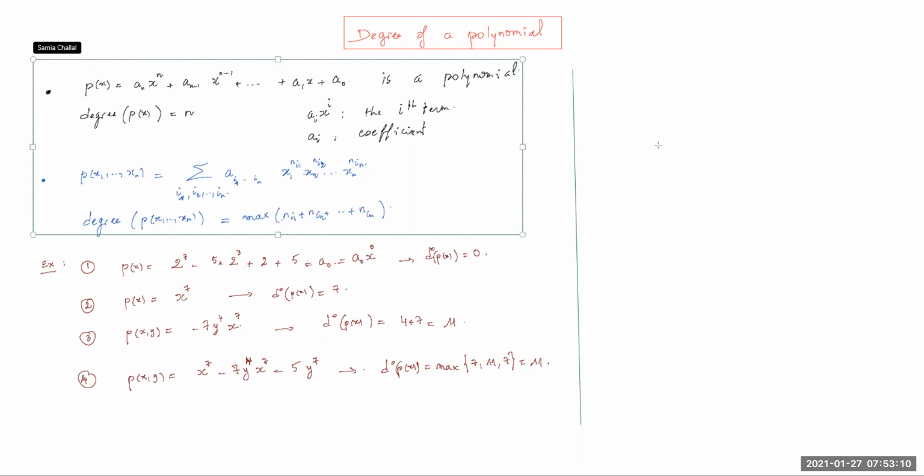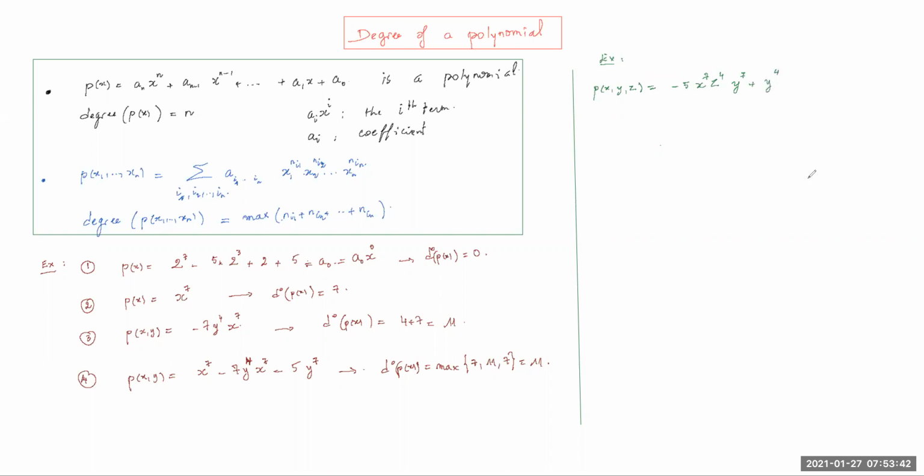Okay. So another example here is the following. What if here is a polynomial this time? Each time be careful about the variables. So it's minus 5 x^7 z^4 y^7 plus y^4.